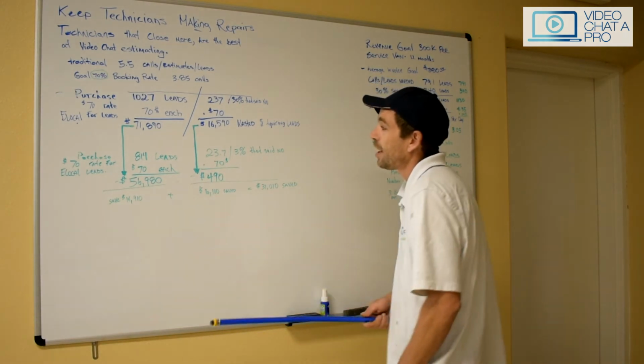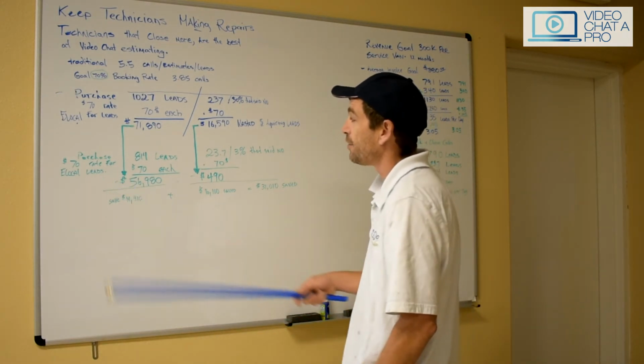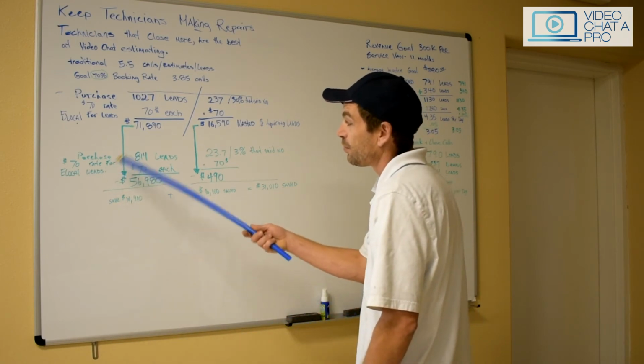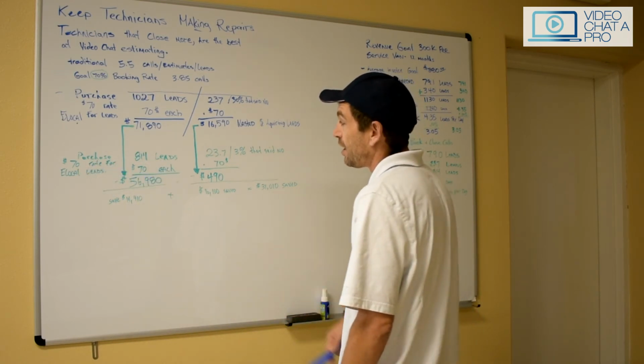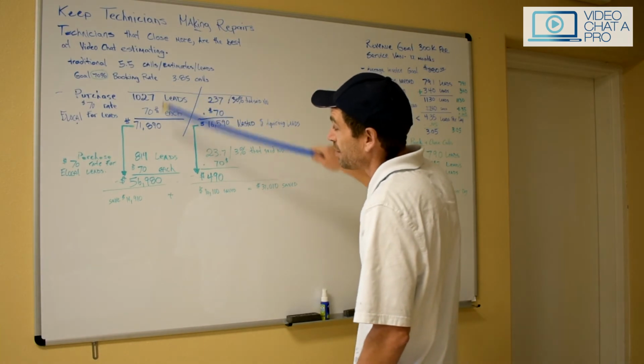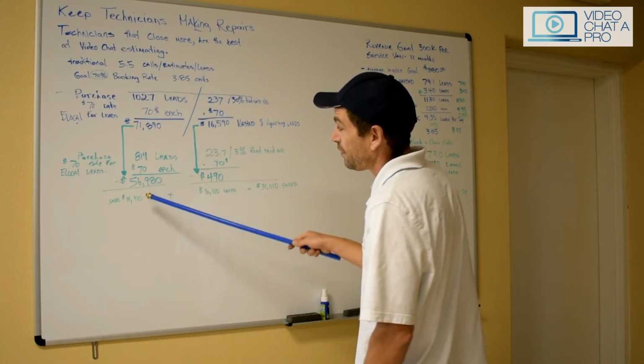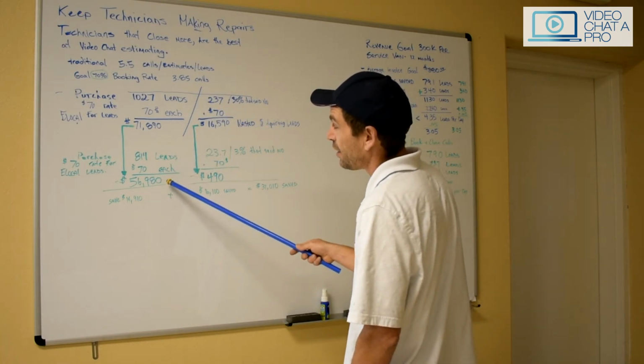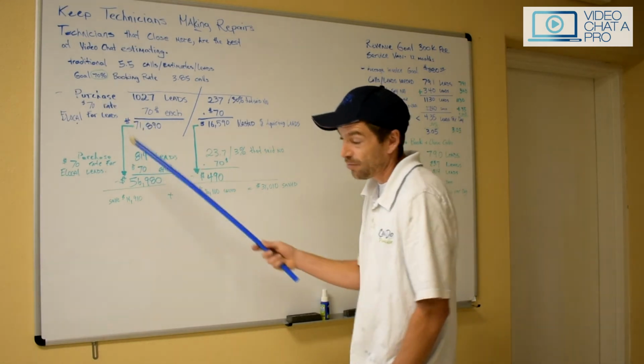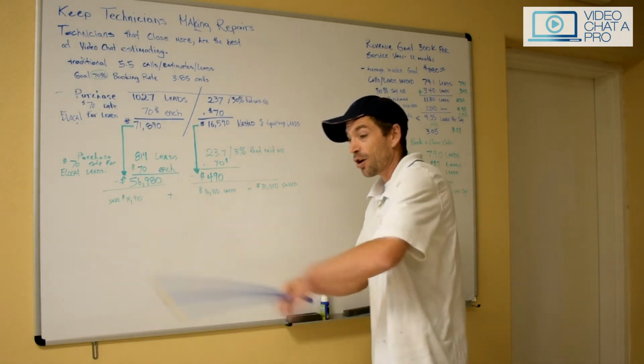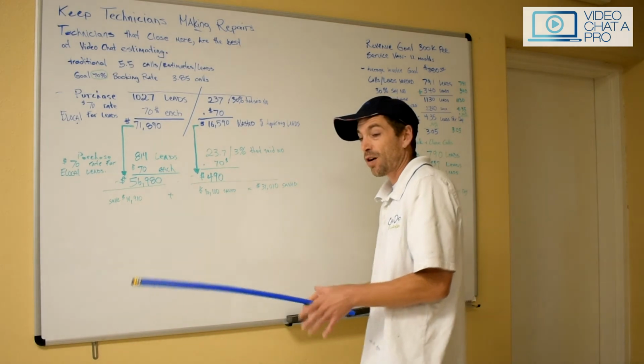So when we look at how much we spend when we add Video Chat Pro in and we purchase the same leads for $70, but we purchase less of them, it's $56,980 purchasing the leads from the same place. We're just going to interact with them differently because they are shoppers.